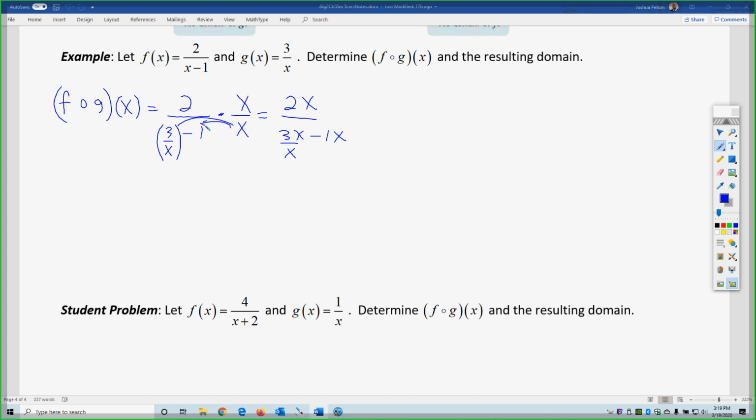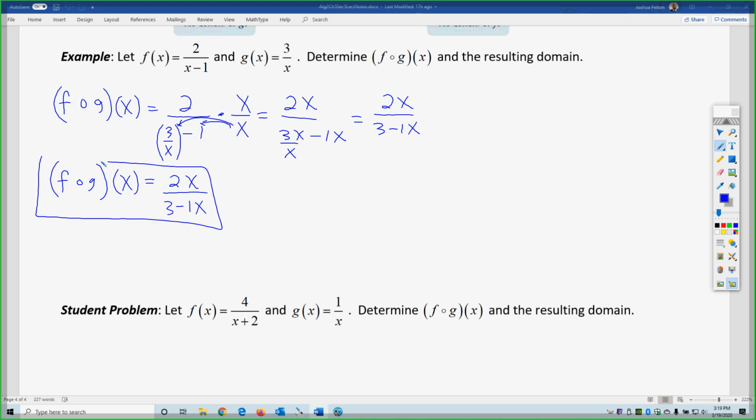So as a result, I get 2x over 3 minus 1x. I no longer have a complex fraction. So that's the trick. Whatever the extra denominator is, multiply by that as a ratio of 1 to get rid of it. That is an Algebra 1 topic. So 3 minus 1x. So that is our composition of f and g.